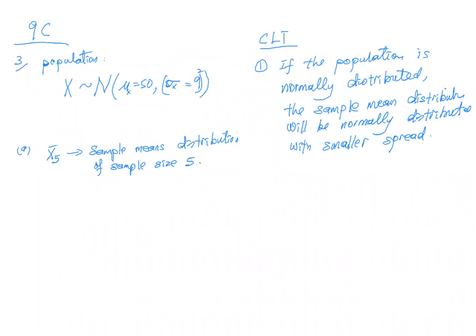Yes. That is the answer for part B. Now, if I give you 2 graphs here, A and B, you tell me which one is for X and which one is for X bar 5.